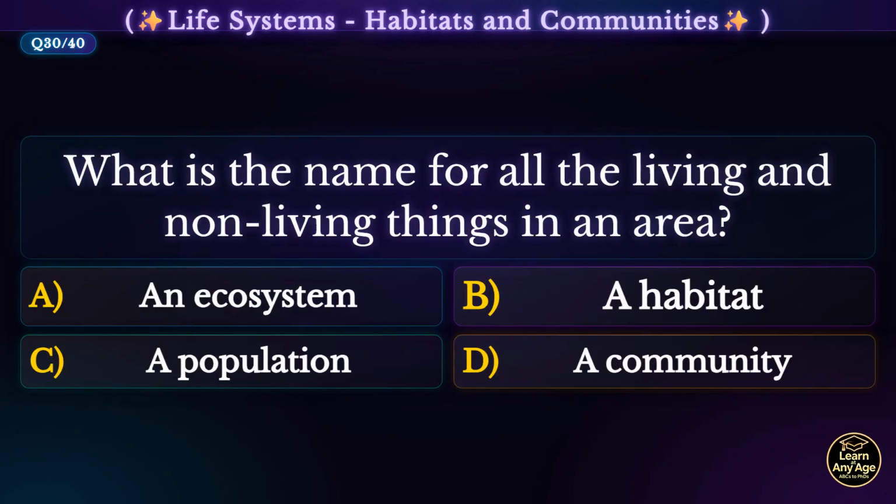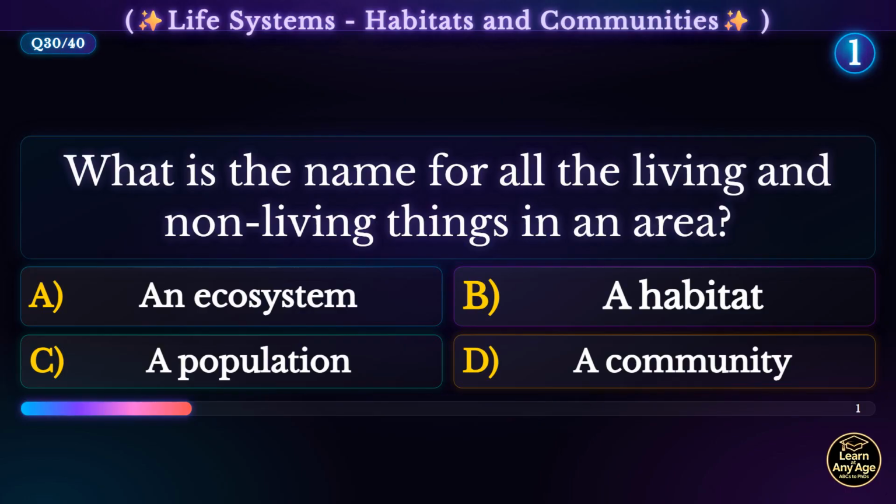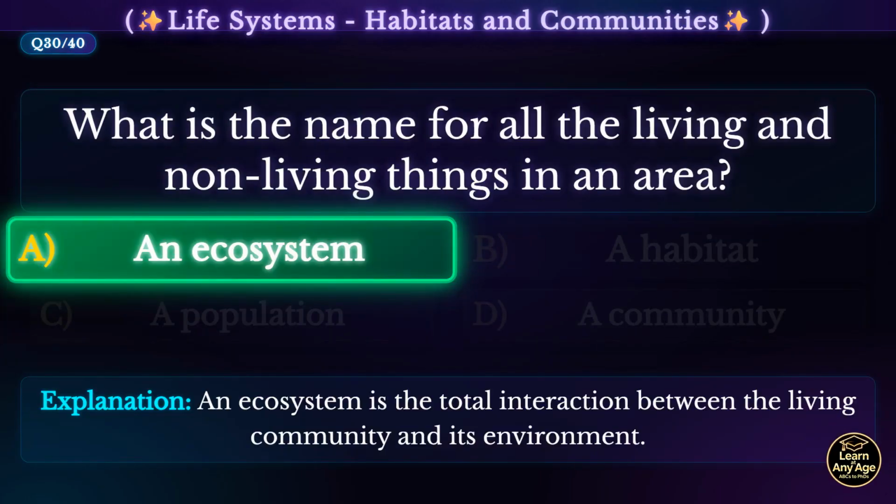What is the name for all the living and non-living things in an area? An ecosystem. A habitat. A population. A community. An ecosystem. An ecosystem is the total interaction between the living community and its environment.